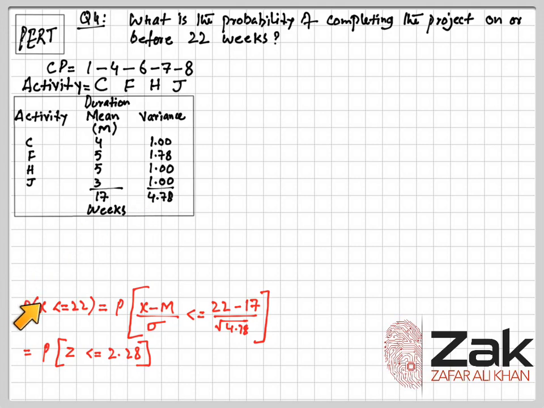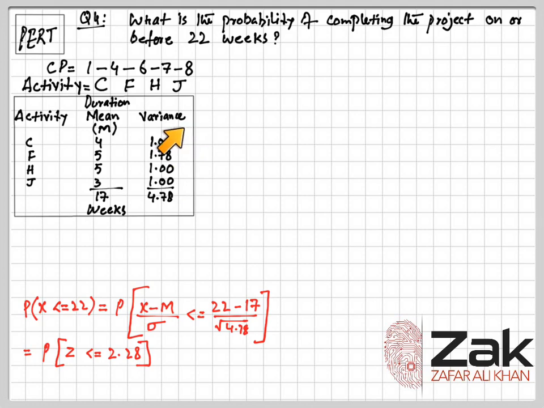The probability of X less than or equal to 22, where X is the project completing on or before the 22nd week, becomes X, which is 22, minus M, the sum of the mean durations of all activities on the critical path, divided by sigma, the standard deviation.